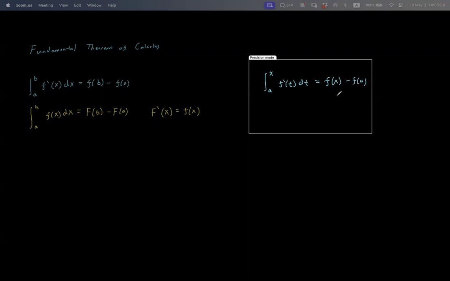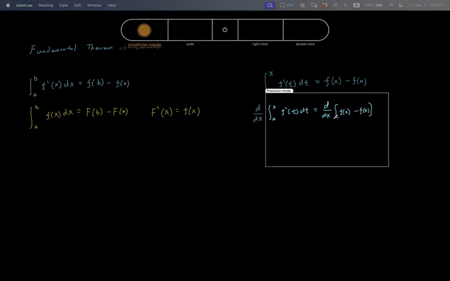But now notice that this first part is a function of x, whereas this is just some sort of constant, right? You're taking f, evaluating at a. So if I were to now take the derivative with respect to x of this integral over here, f prime of t dt, then that would be the same thing as taking the derivative with respect to x of f of x minus f of a.